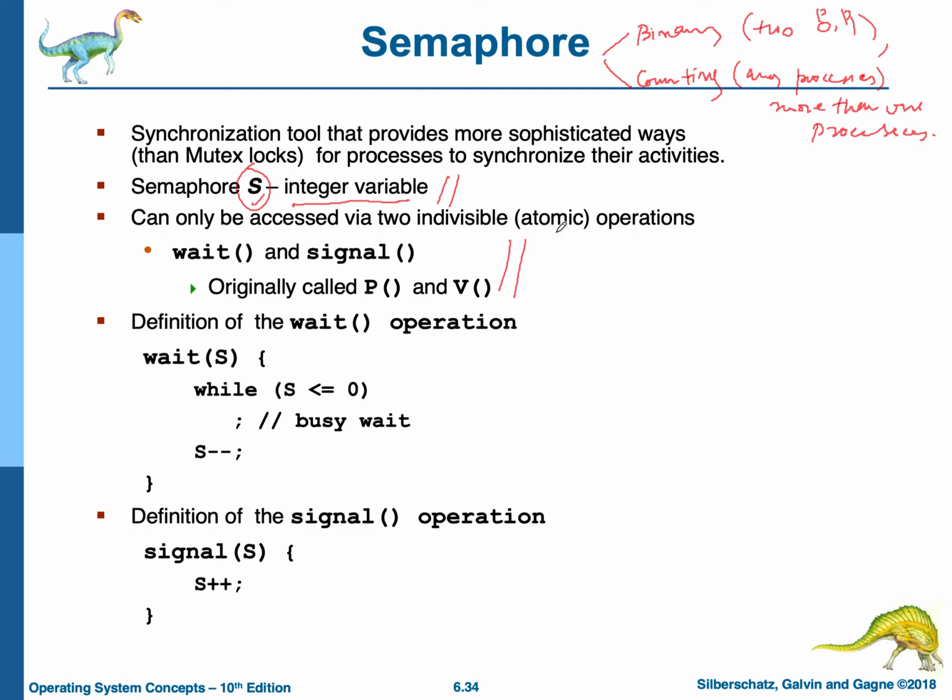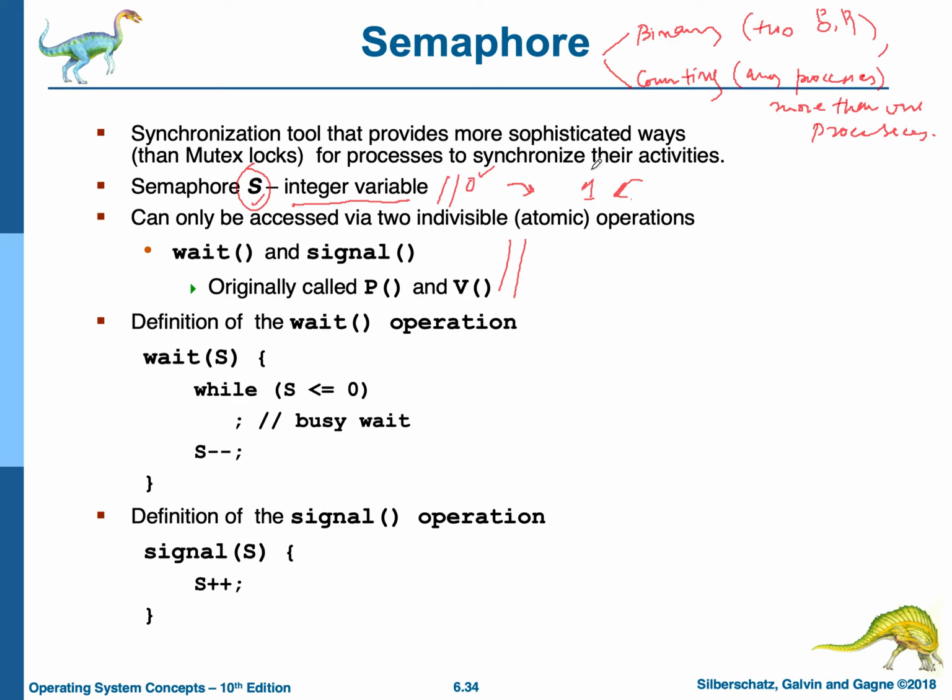Now this S integer is there to do all the magic. When S is 0, one can enter, or if it's 1, then one cannot enter.